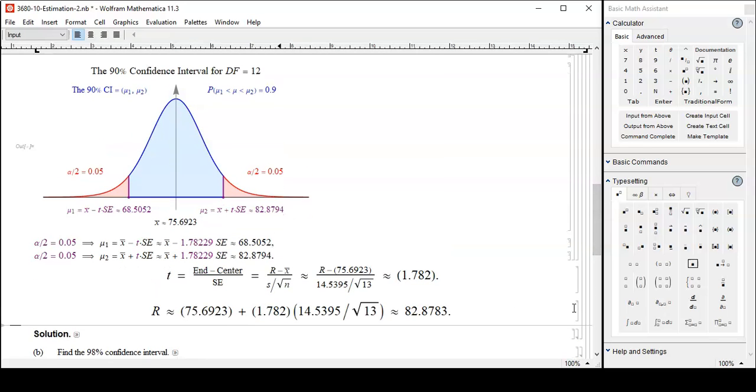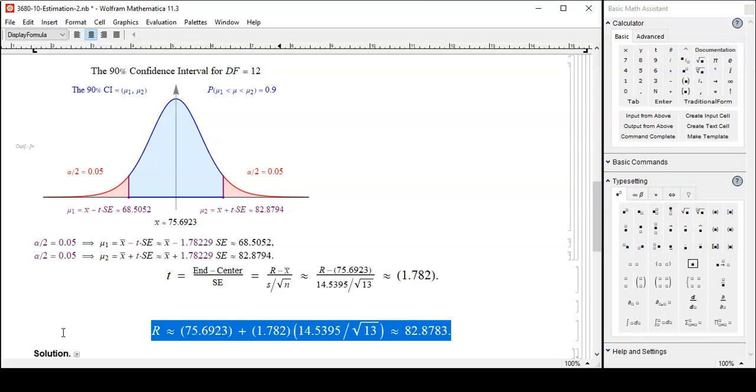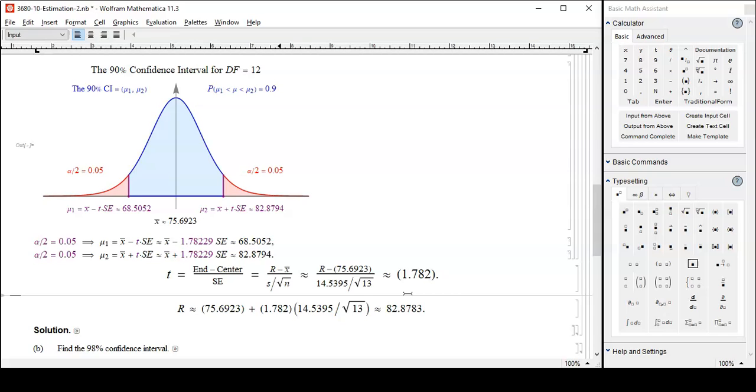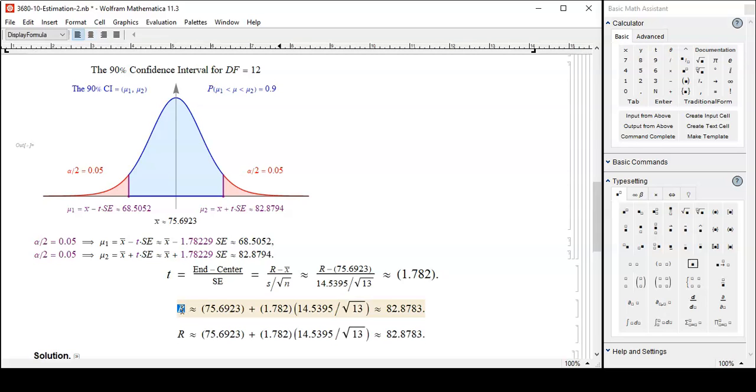Now, what if you want to find out the left-hand side endpoint? Do we have to start over? No, you don't have to. Just use symmetry.